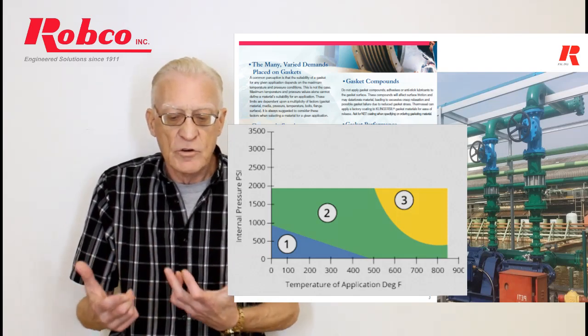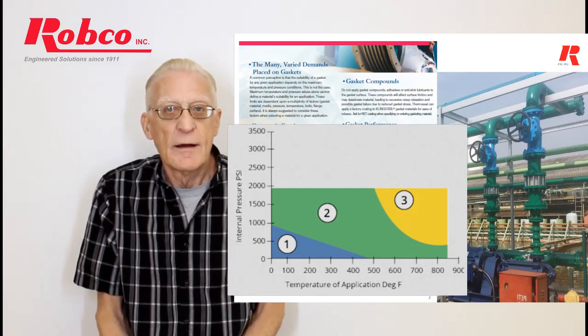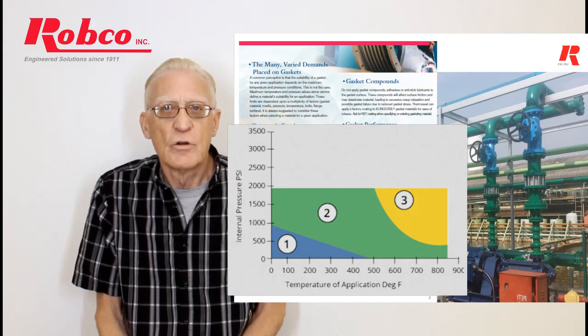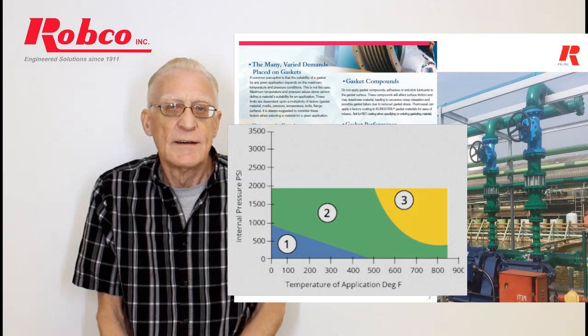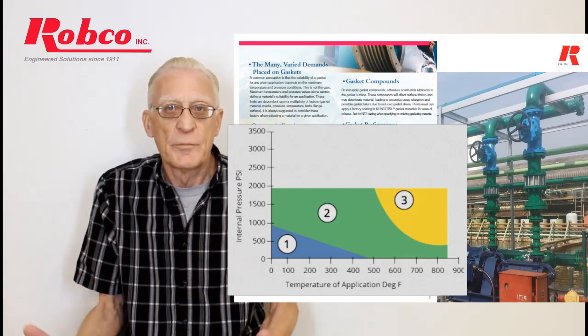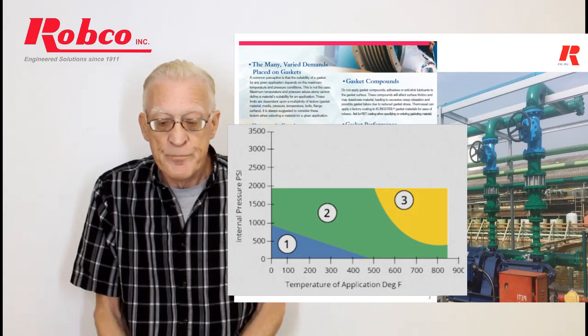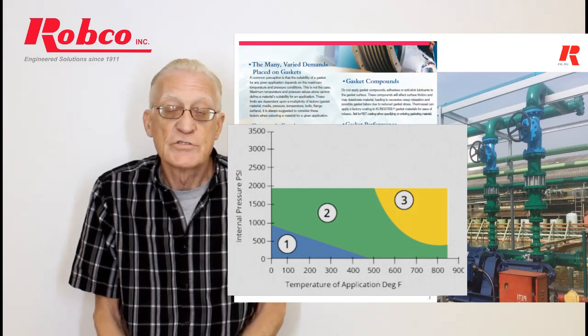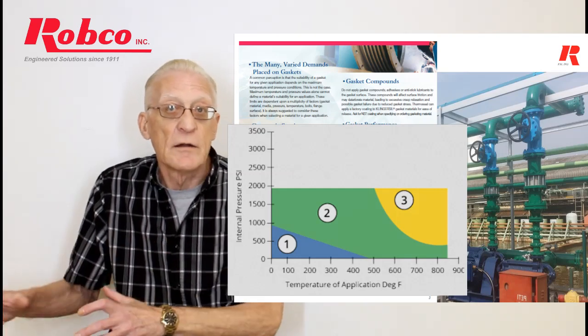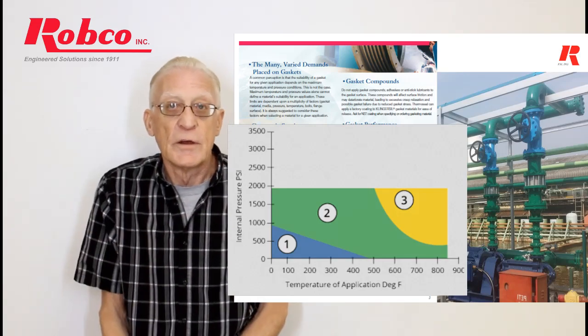Zone 2, in that green area that you see, pay attention to your loading. Have you got the right bolt torques? Have you lubed your bolts? Have you taken a look at the entire picture that we're trying to discuss today? And in zone 3, forget it. You're way out of your pressure and temperature league, and you're going to go to metal, or you're going to go to something completely different.